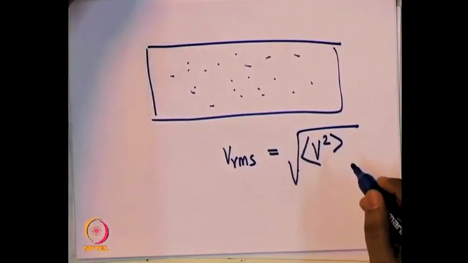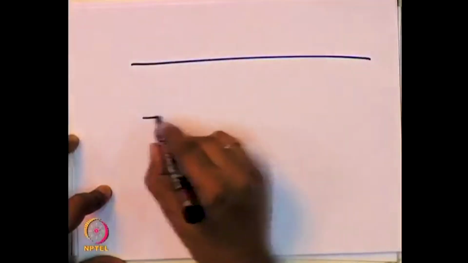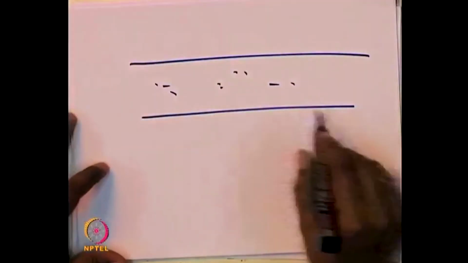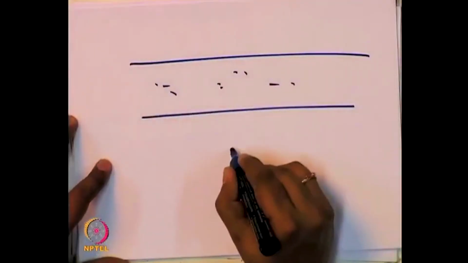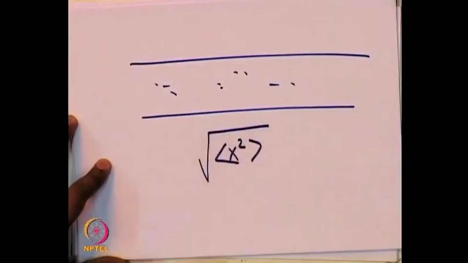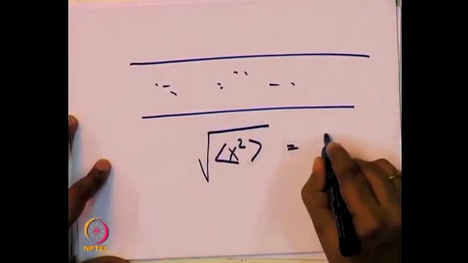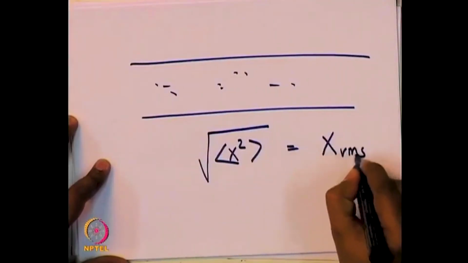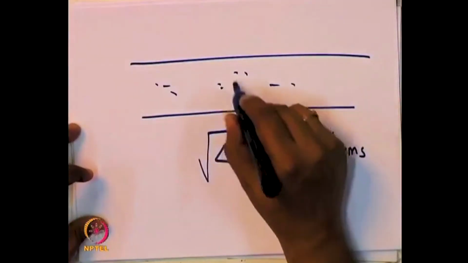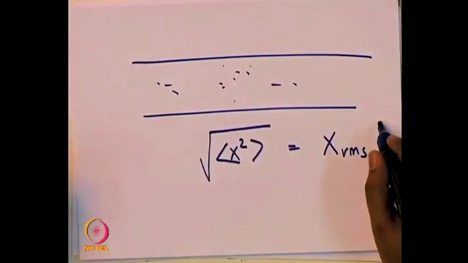Similarly, here you have a particle in a tube going this way and that way, they are diffusing, and what we want is the root of x square average. So, you can say x RMS, the root mean square distance that this particle will diffuse with time.